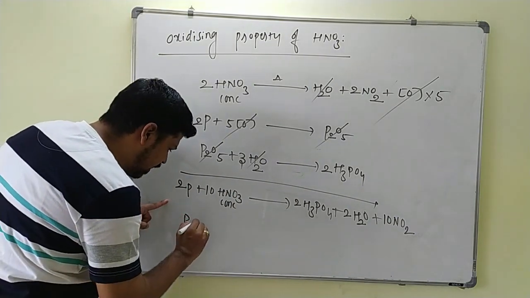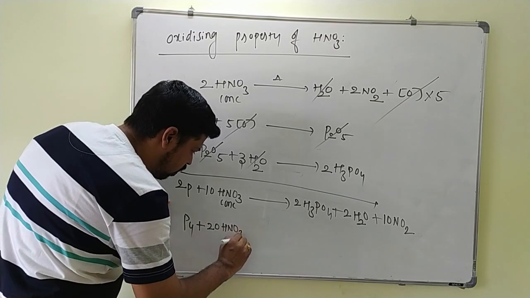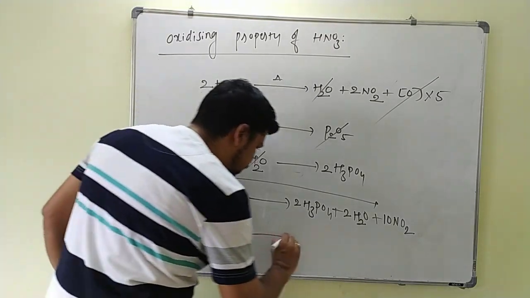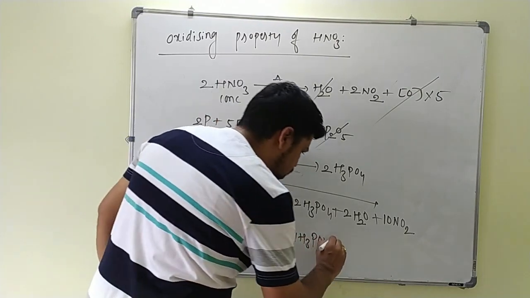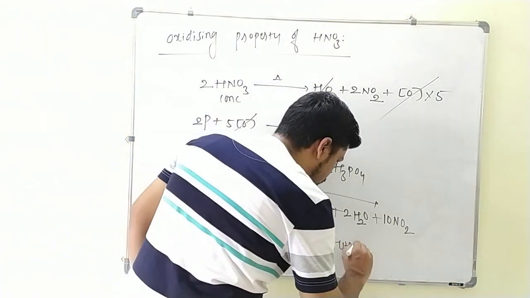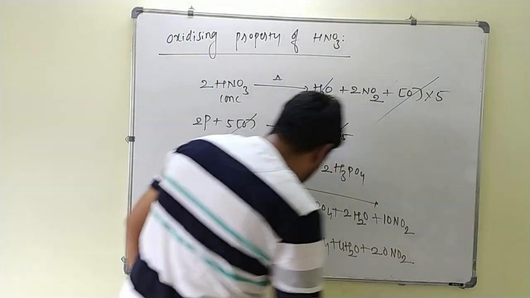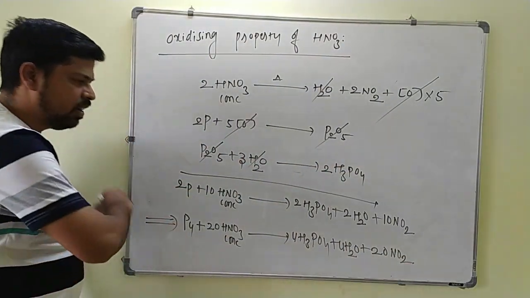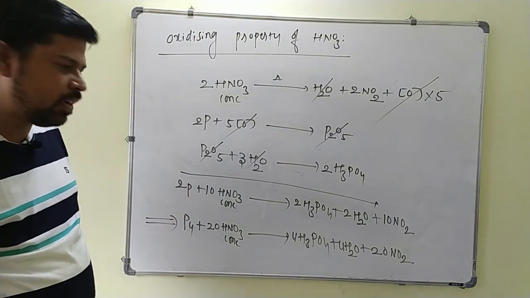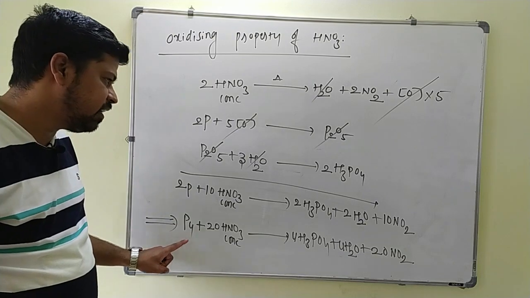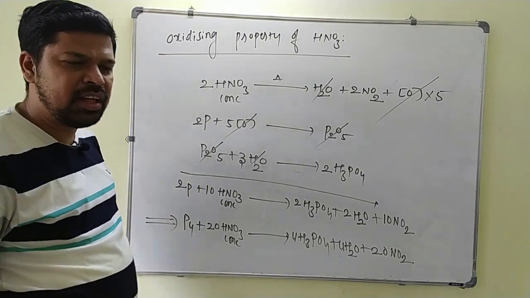So this will come out as P4 plus 20 times of concentrated HNO3, which gives 4 times of H3PO4, 4 times of water molecule plus 20 times of NO2. This is the reaction given in the NCERT. Simply it is for 2 phosphorus, and this is for what? 4 phosphorus. Directly the atomicity of phosphorus is taken, that is P4 here. This is what? Oxidation of phosphorus by the concentrated HNO3.